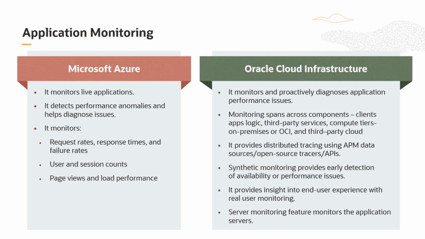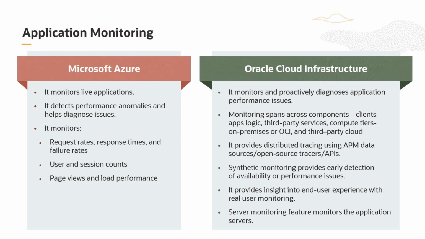OCI Application Performance Monitoring enables monitoring of multiple components and application logic that is spread across clients, third-party services, and back-end computing tiers that are deployed on either the cloud or the on-premises environment. You can think of this as a robust implementation of a distributed tracing system as a service.